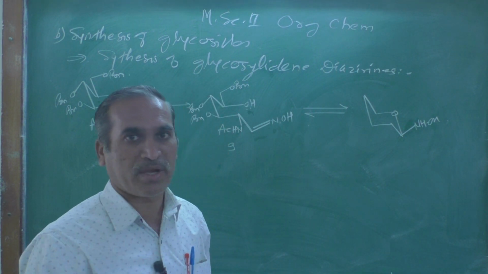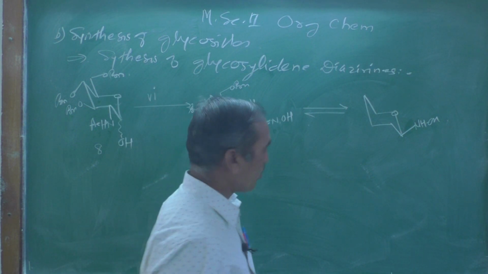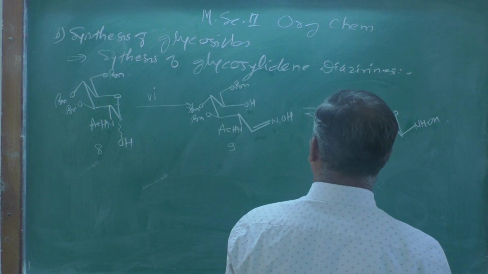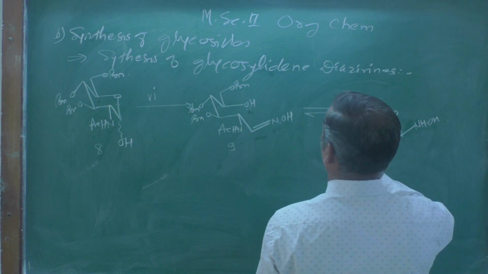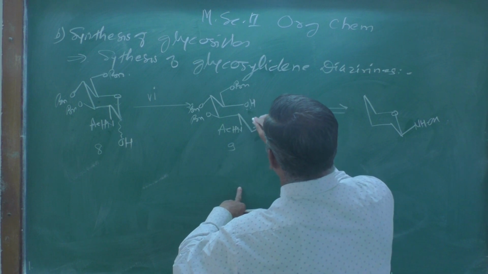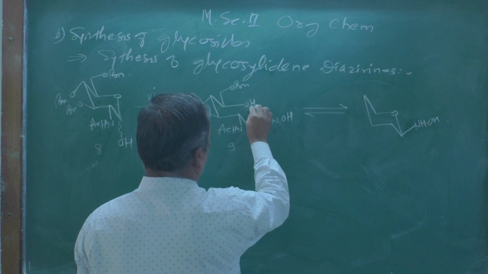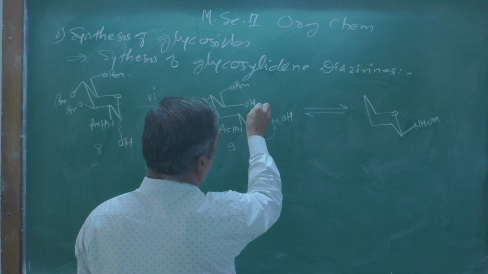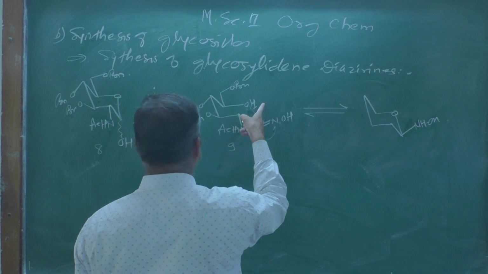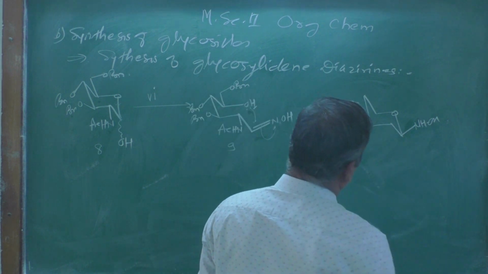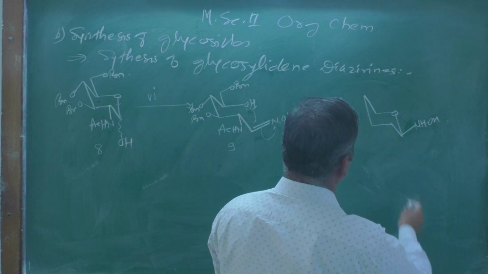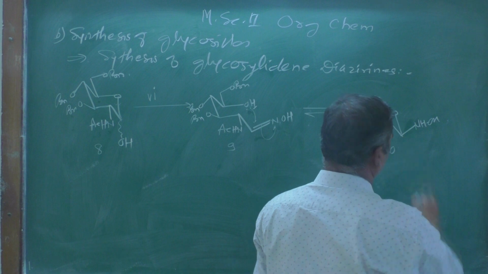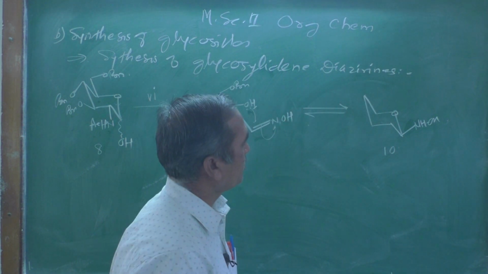So that satisfies the bonding here. Now after that this is going to attack here like this, and this ring gets open, one of the hydrogen atoms transfers from here to here, and we are going to get this structure, and this structure is nothing but structure number 10.